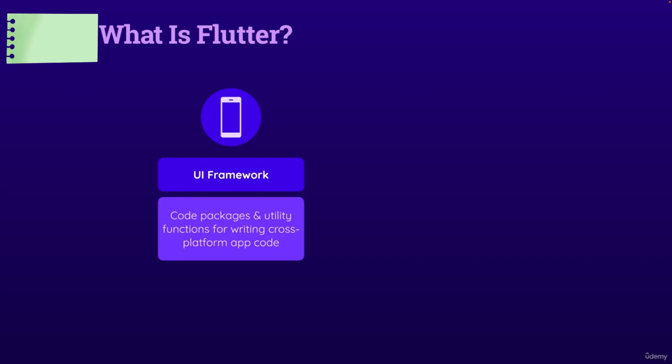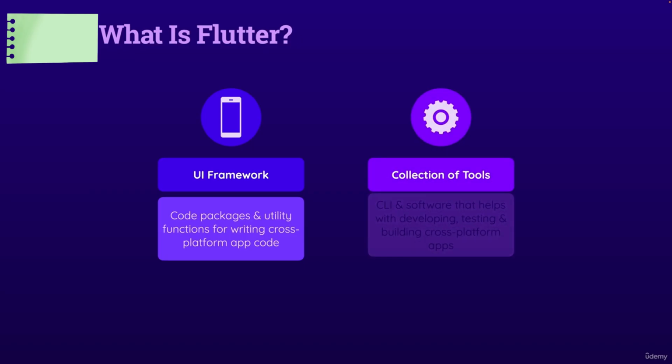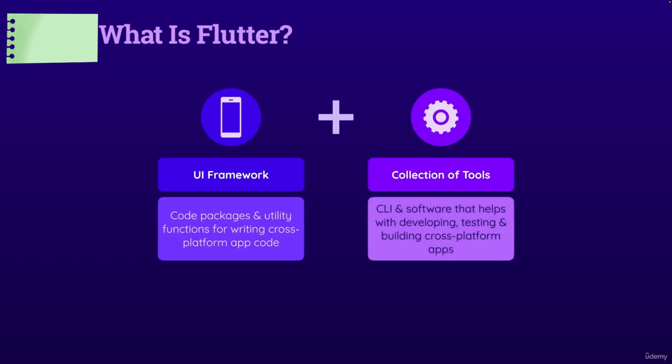But the code alone and this UI framework, which gives you the things you use in your code to build these good-looking user interfaces, isn't enough. Instead, Flutter also gives you a collection of tools that you use in combination with your code to then actually convert your code to code that is able to run on these different target platforms.